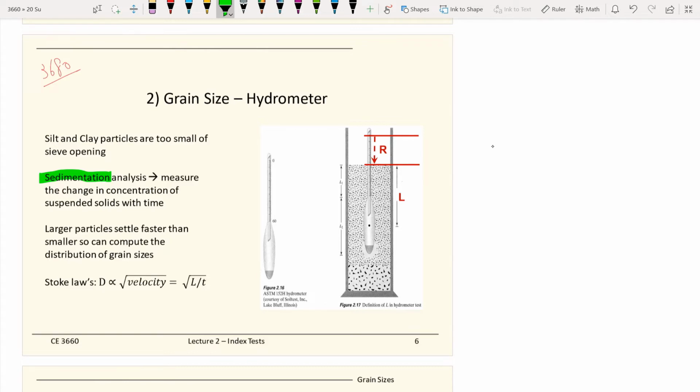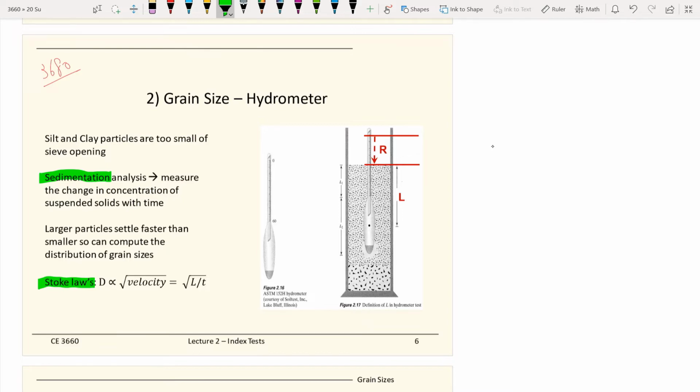And according to Stokes' law, when an object falls and reaches terminal velocity, the diameter of the particle is proportional to the square root of the velocity. So that's Stokes' law, and we take advantage of it in sedimentation analysis to help us indirectly measure the diameters of the particles. So that's the concept of the hydrometer. The details of it we will discuss more in CE 368, hopefully inside the laboratory.